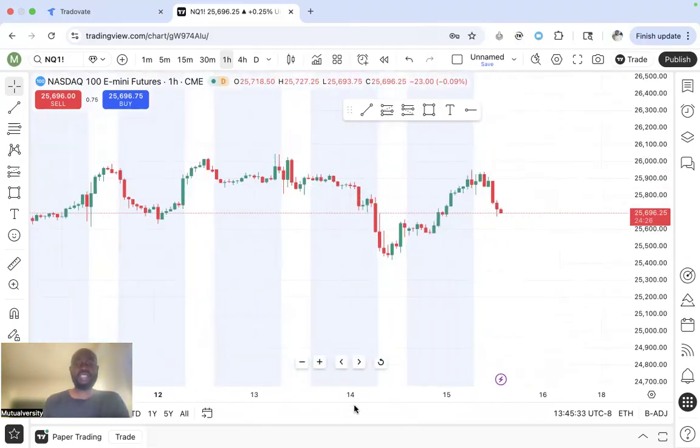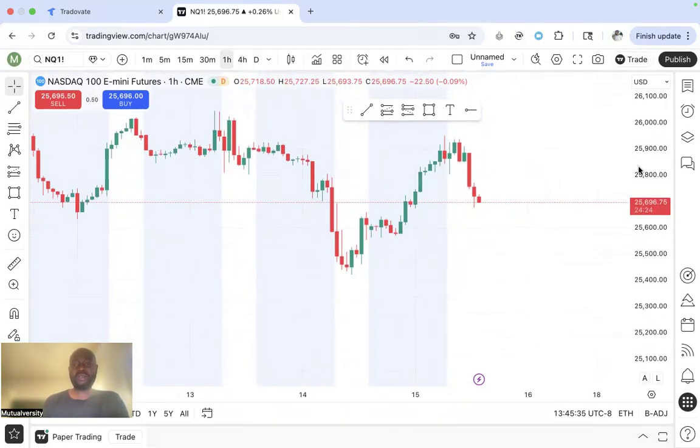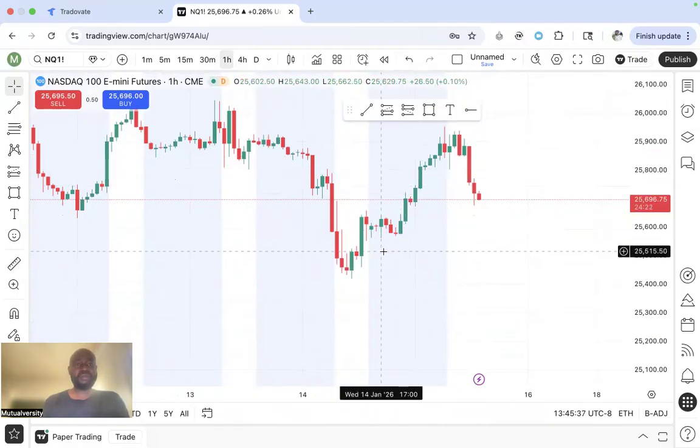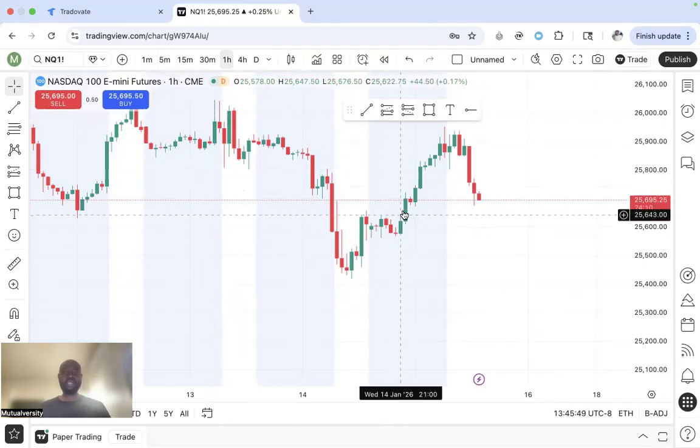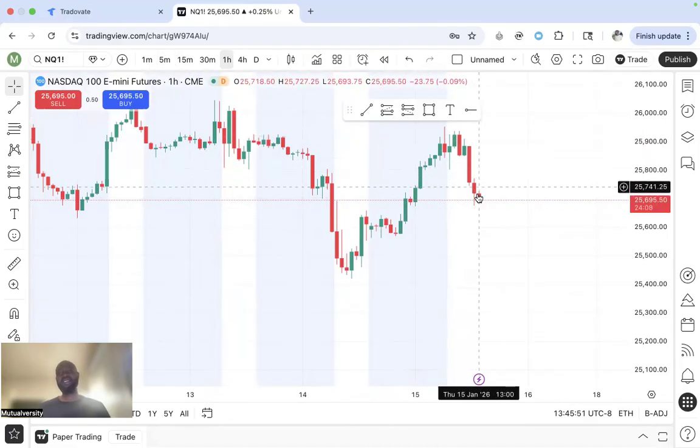Now, once you see the trend on the overall bigger picture, then you can move to the 5 minutes and look for a trend within the 5 minutes, because that's the time frame you'll be taking your trades in. So as price has created a higher high, it's creating a higher low right now.